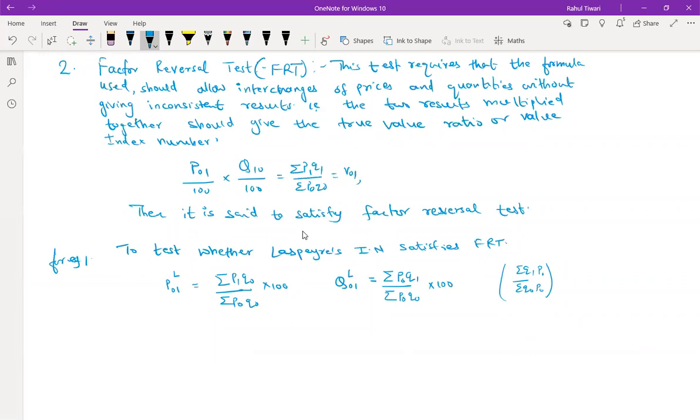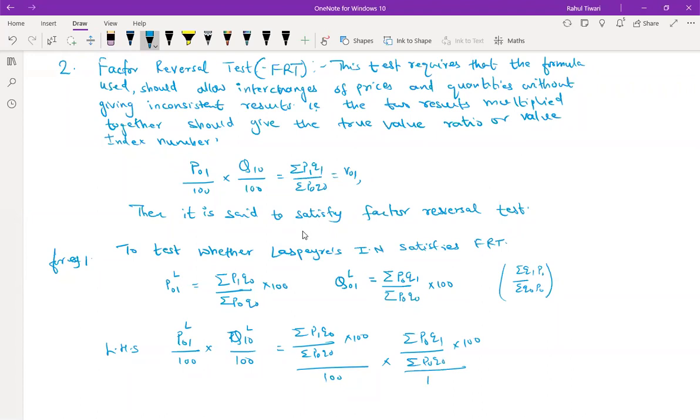Now what do we do? What is the next task? Apply this formula. So it's P01L upon 100 multiply with Q01L upon 100. I have taken the left hand side. So you just multiply summation P1 Q0 upon summation P0 Q0 multiply by 100, divided by 100, into summation P0 Q1 divided by summation P0 Q0 multiply by 100 upon 100.